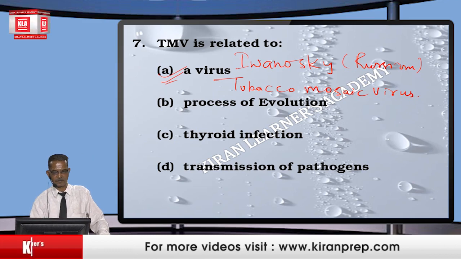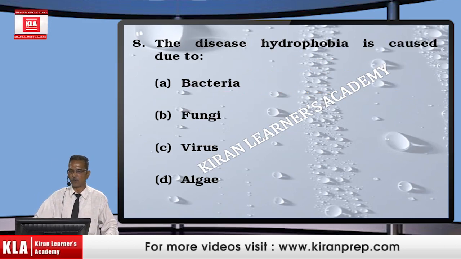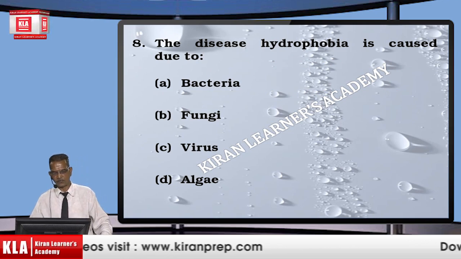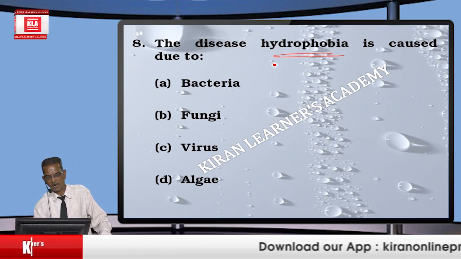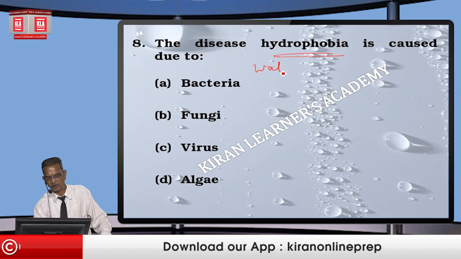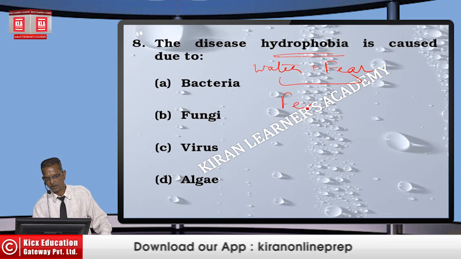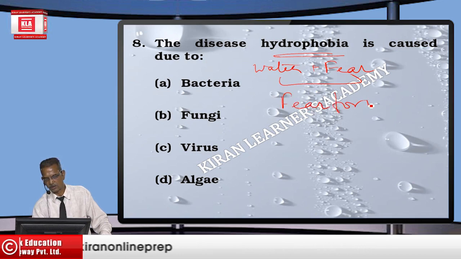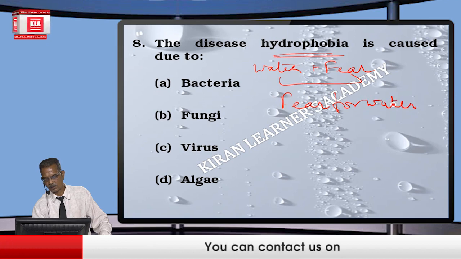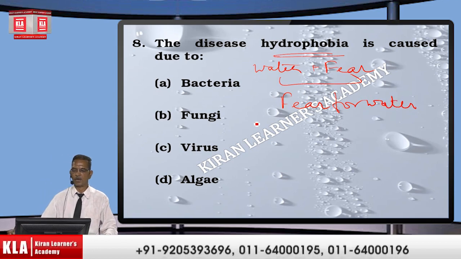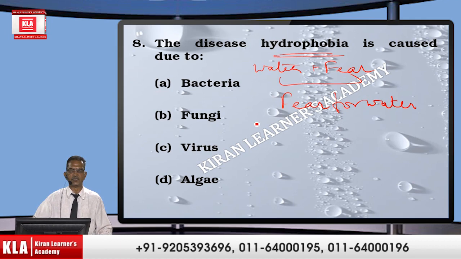Next, the disease hydrophobia is caused due to hydrophobia, means fear for water. Hydro means water, phobia means fear. So hydrophobia means fear for water. Now, hydrophobia is a disease, the other name that we call for rabies.